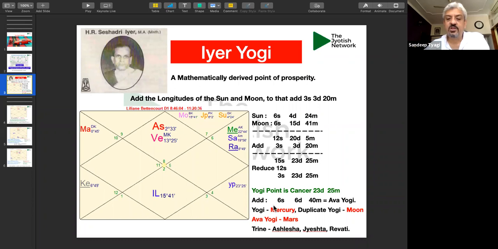So the Yogi in this chart is Mercury, because in Cancer 23, 25, 26, the nakshatra that is there is owned by Mercury. So Mercury becomes the Yogi for the chart. Now, since it is falling in Cancer, the owner of the bhava in which the Yogi Point lies becomes the duplicate Yogi. So Cancer is owned by Moon, so Moon becomes the duplicate Yogi.